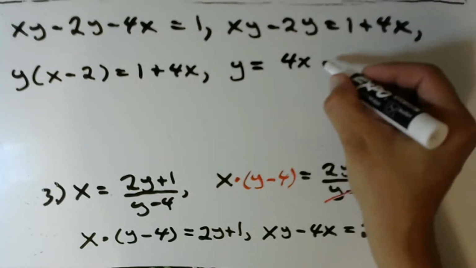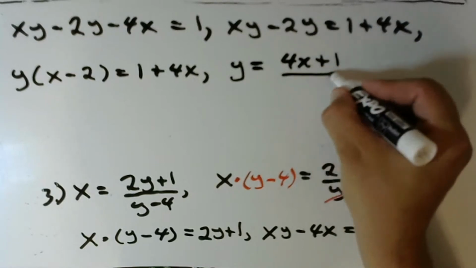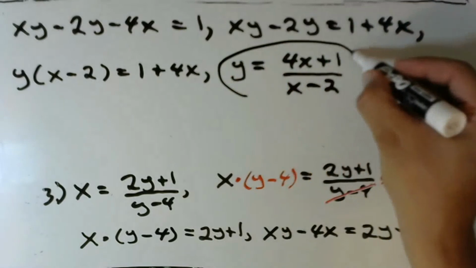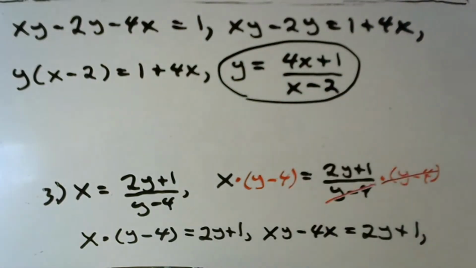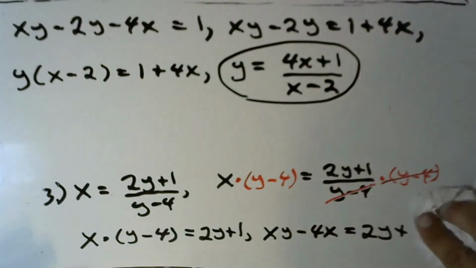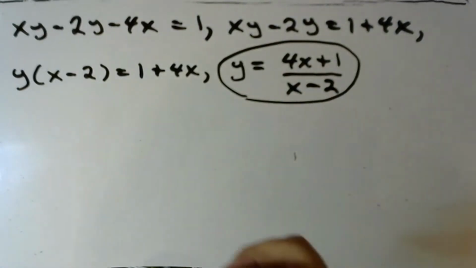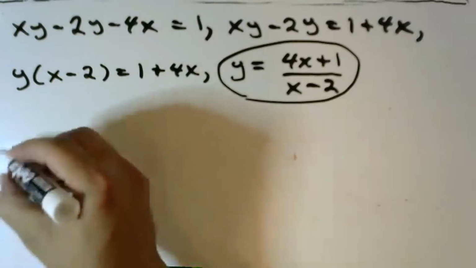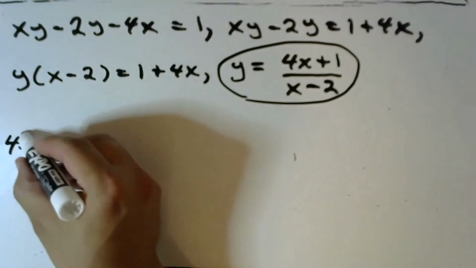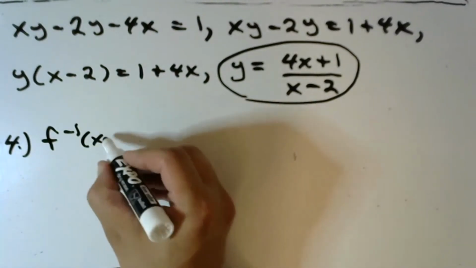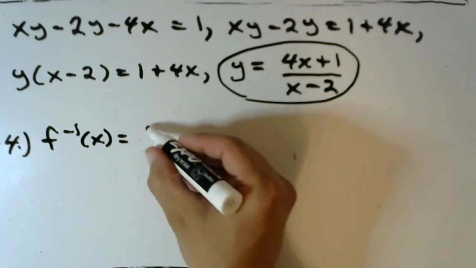Put 4x plus 1 over x minus 2. And then finally, f inverse.